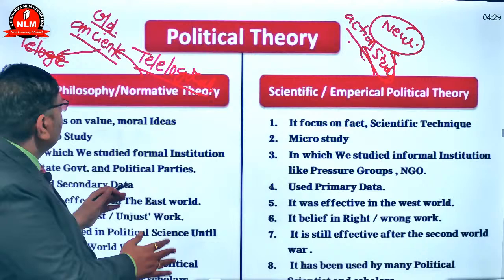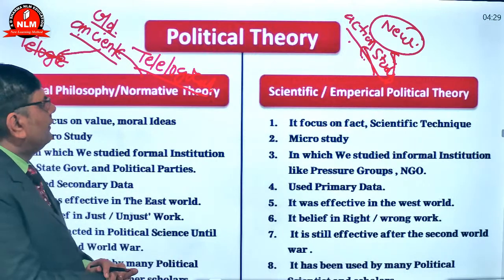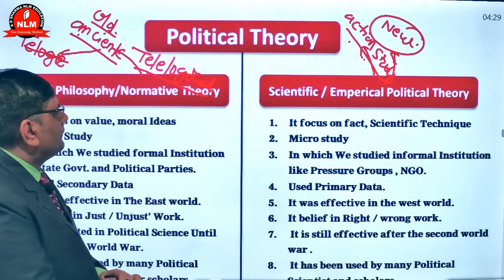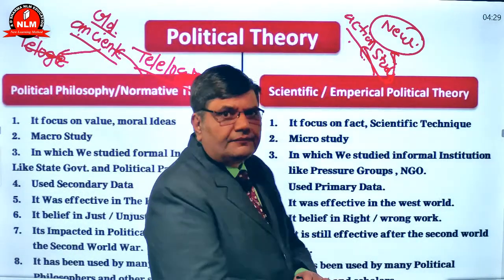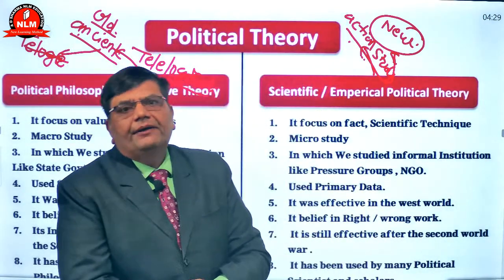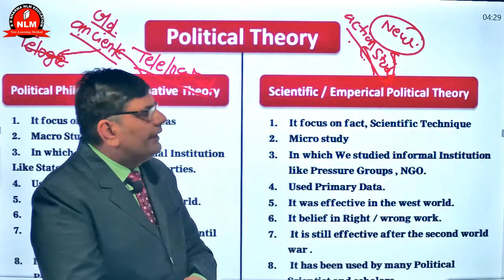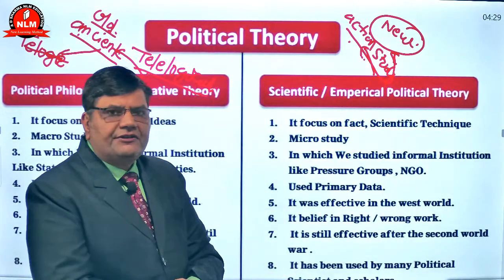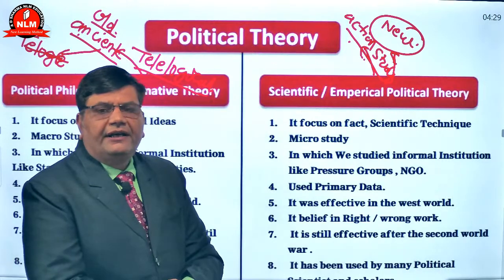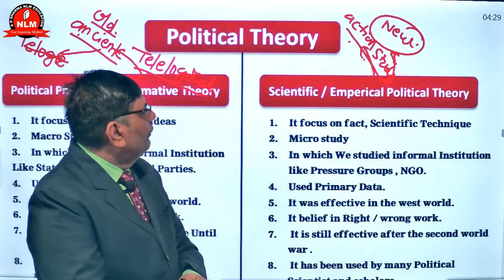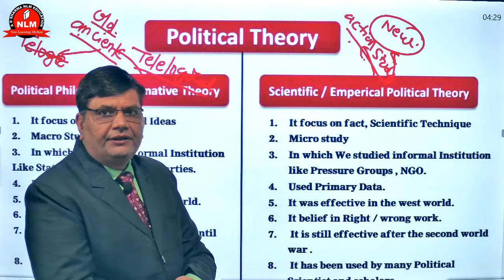And scientific political scholars used empirical political theory, like David Easton, Robert Dahl, David Held, Andrew Hacker, who belong to empirical political theory.